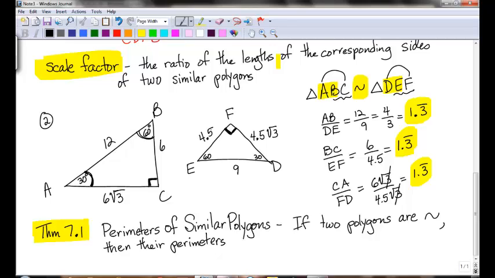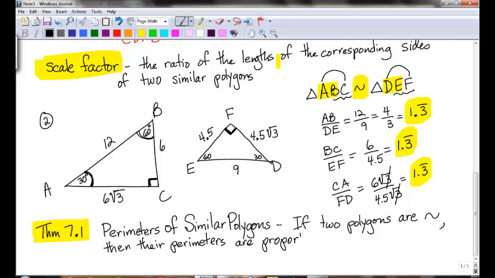Now what would you guess? Right, exactly. If the ratio of every side is 1.3, then the ratio of this perimeter to this perimeter is in a ratio of 1.3. So their perimeters are proportional. They have to be.